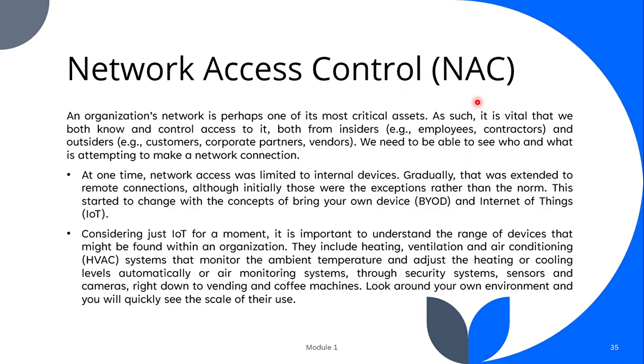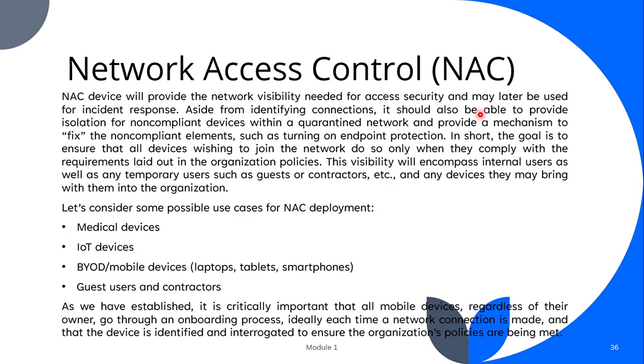So that's why it's very important to be able to monitor them and see what they are doing. And that is why you need to have network access control in your environment. As you can see, these are the devices that you may need to use network access control for: your BYOD devices, IoT devices, guest users and contractors that may need to connect to your network, medical devices, your smart home devices, and stuff like that.